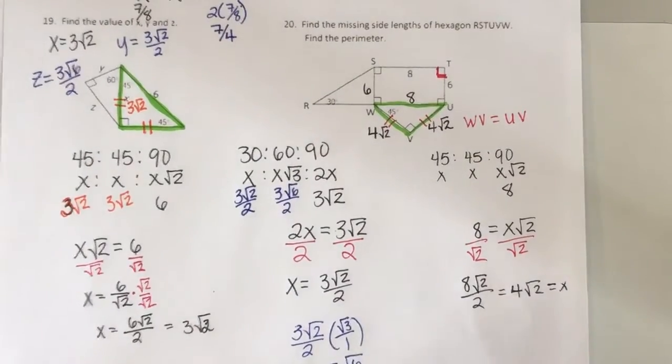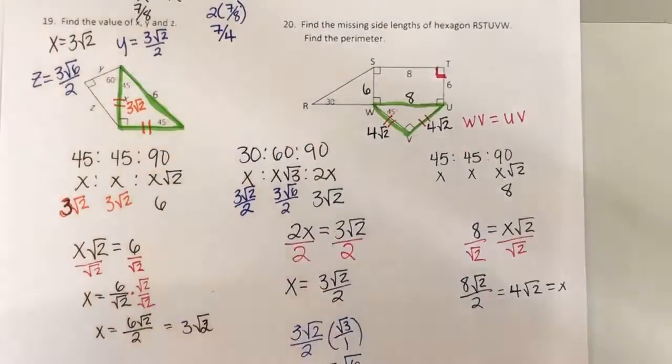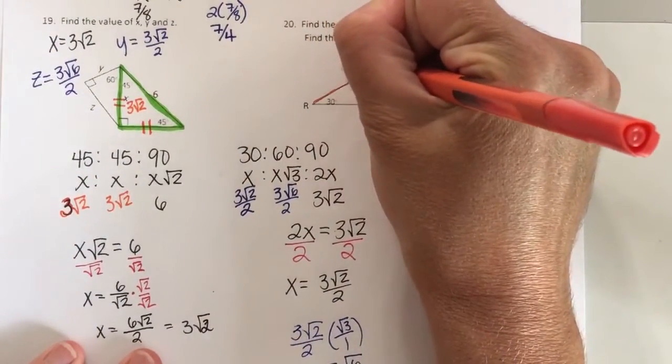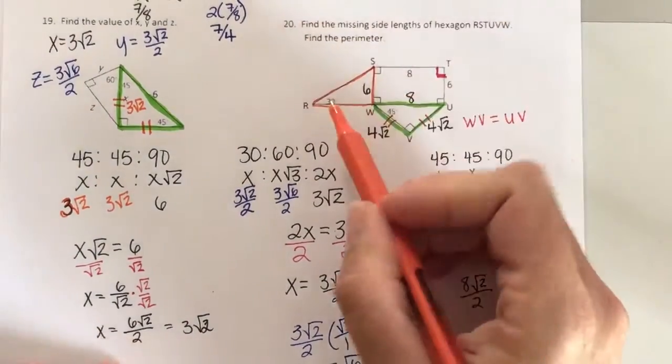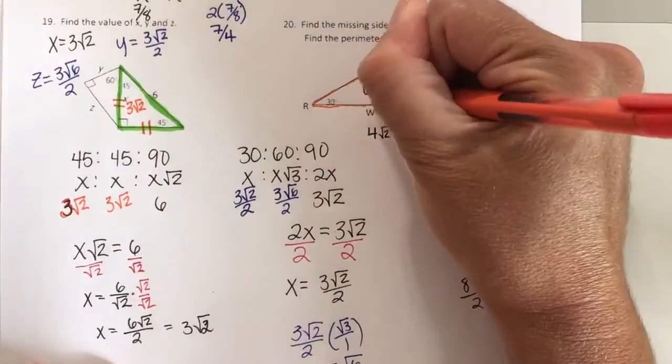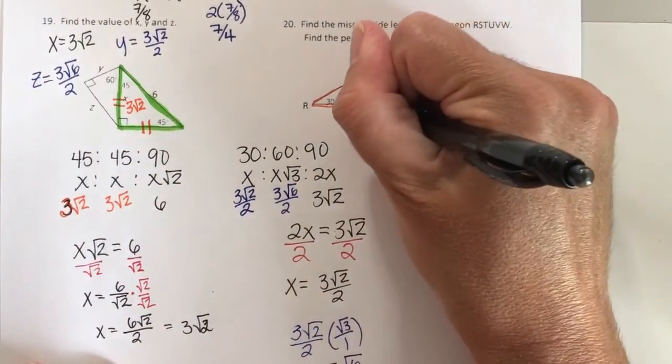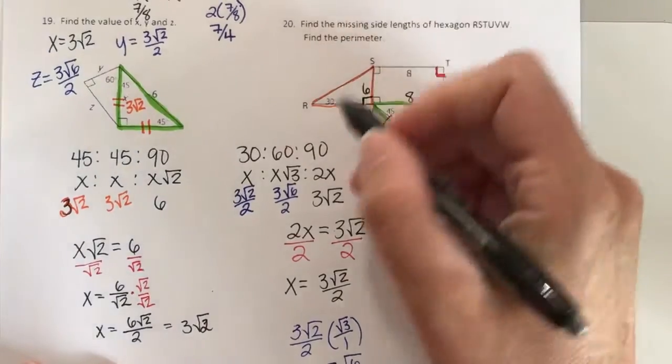All right, so we're getting there. So in the next triangle, I have this 30-degree angle here. This is going to be my right angle because if this is a segment and that's 90 degrees, then this has to be 90 degrees.